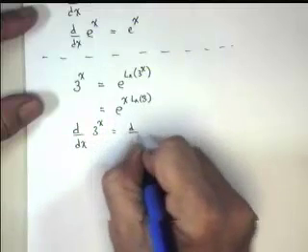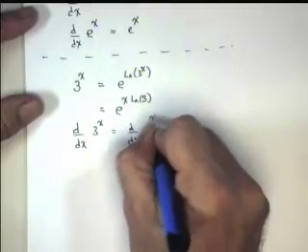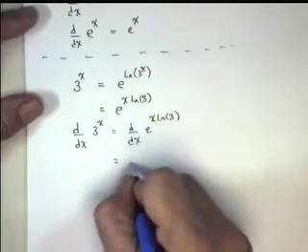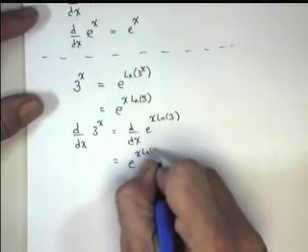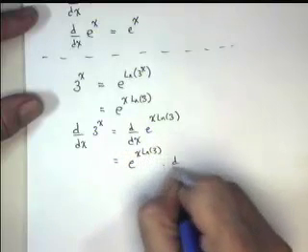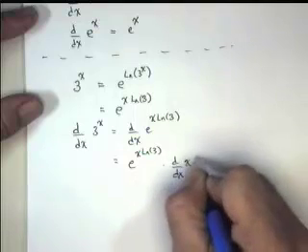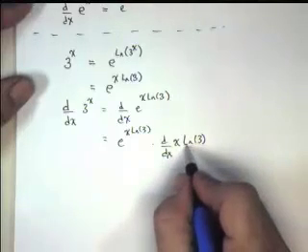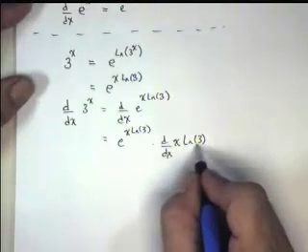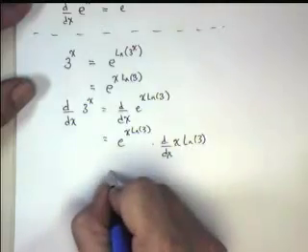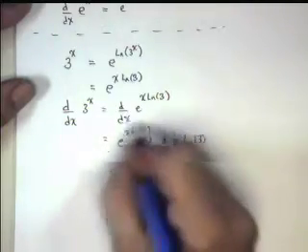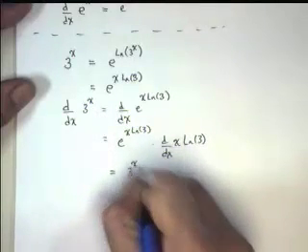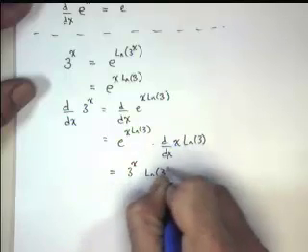That's the derivative of e to the x times the natural log of 3. And then using the chain rule, that's e to the x times the natural log of 3 times the derivative of x times the natural log of 3. Well, natural log of 3 is just a constant, so the derivative of x times the natural log of 3 is the natural log of 3. E to the x log 3 is 3 to the x. So this is actually 3 to the x times the natural log of 3.